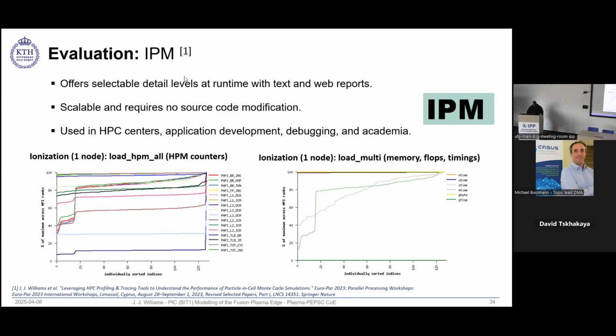So because particles are moving inside the grid, you almost always have violation of data locality. And data locality is key in order to enhance throughput in the simulation.